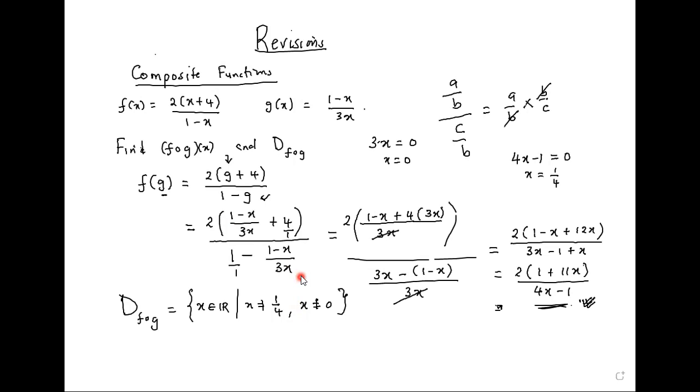Because initially, for us to get to 1 plus 11x over 4x minus 1, we used the g here. So even as we were using g here, we must have said already that we can use g provided that x is not 0. So as we move to the final answer, this restriction is already there in the domain. Even if this was clear and there's nothing to be removed, we would have still removed x is equal to 0.